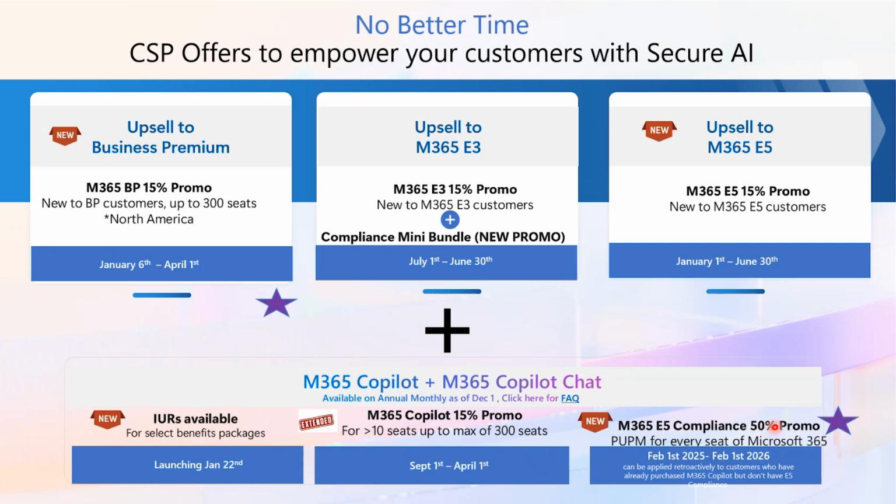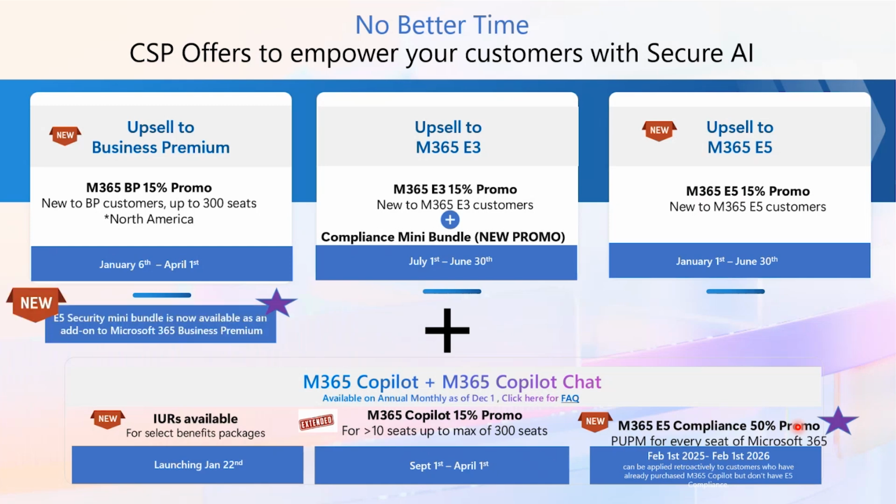Now that comes at half price, a 50% promo, but you have to have the same number of Microsoft 365 Copilot seats provisioned in the tenant. So in other words, one is a prerequisite of the other. And as we mentioned before, that E5 security mini bundle is now available as an add-on to Microsoft 365 Business Premium.